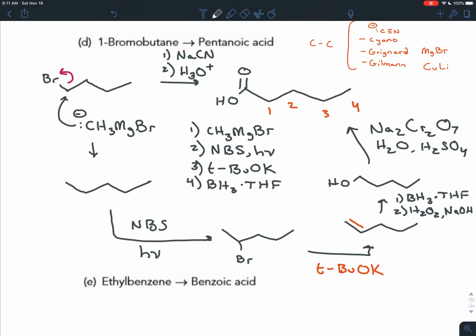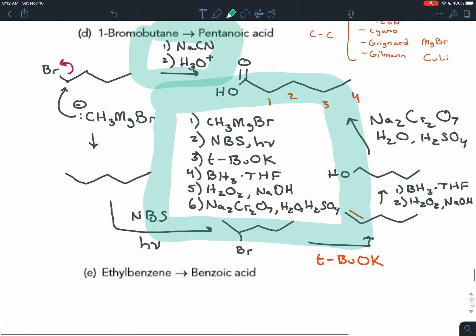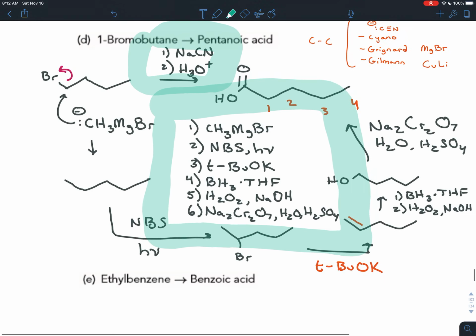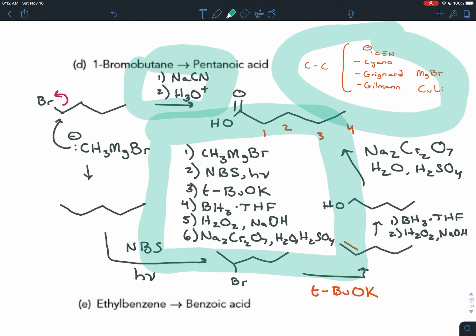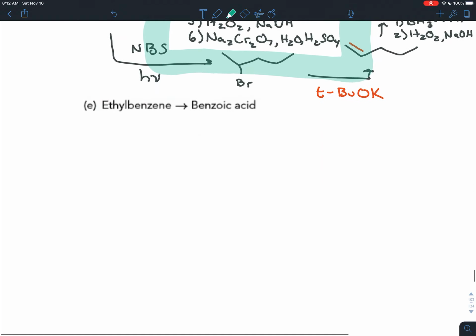So first you'd add the boron and the hydrogen, then you'd replace the boron with an oxygen, and last but not least, you would oxidize the alcohol you have. So that's another option. You could do this 2-step one, or if you prefer, a much more expensive and inefficient 6-step transformation. So it pays to know the differences between the carbon-to-carbon bond forming reactions.